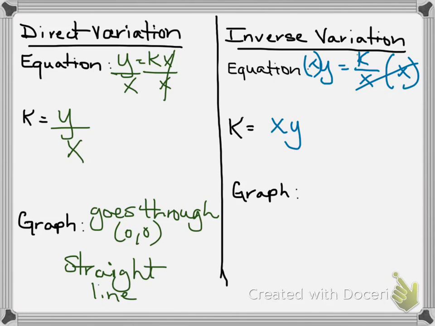And my graph, it's always a smooth curve or a curved line. Okay? So that is the difference between direct and inverse variation. All right?